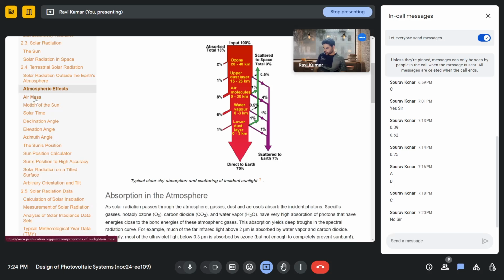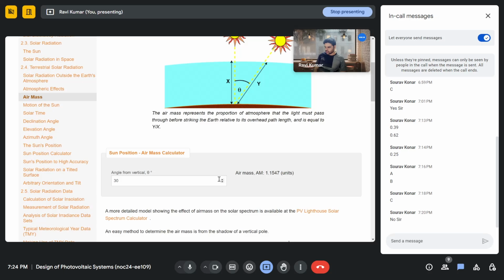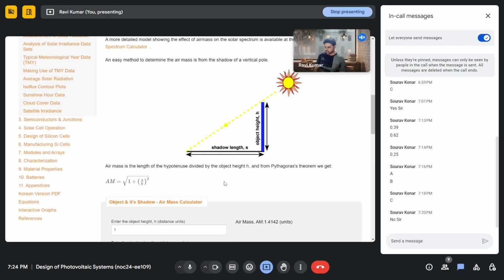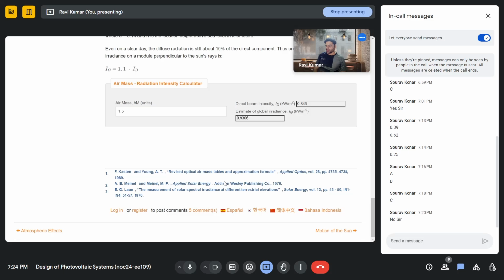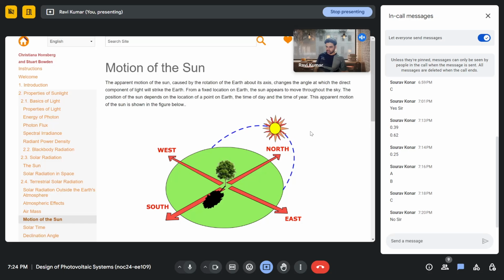Then we have air mass calculations. There are n number of calculators. You can just put in the values and get the answer there. See the motion of the sun in a fantastic way.